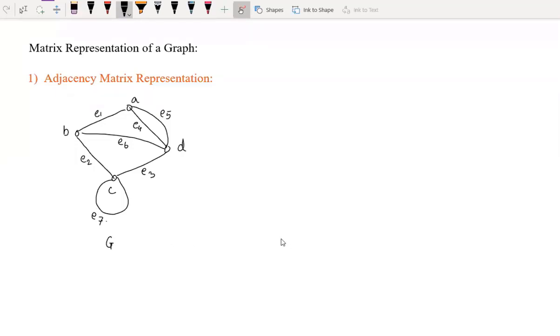G is a graph, and in this graph G, suppose I write the vertex set, what is the vertex set of this graph G? That is A, B, C and D. These are the vertex set, and the edge set is E1 to E7: E1, E2, E3, E4, E5, E6 and E7.